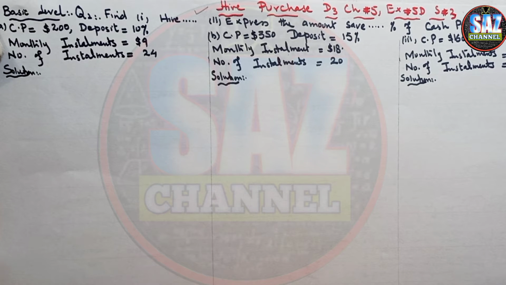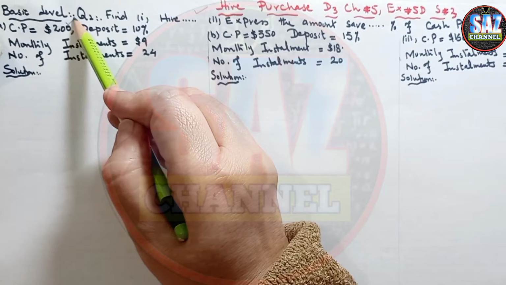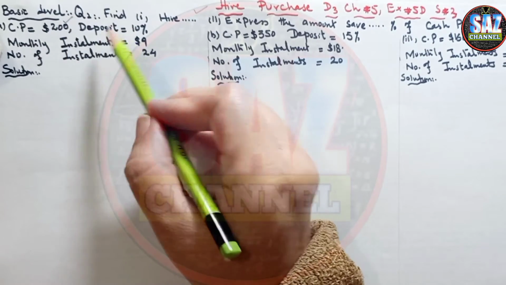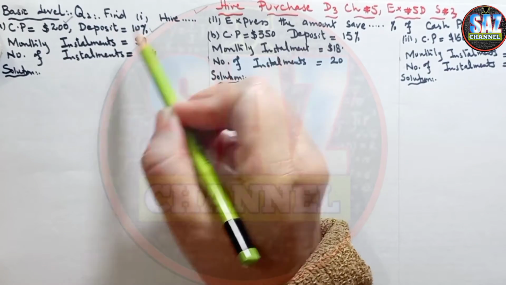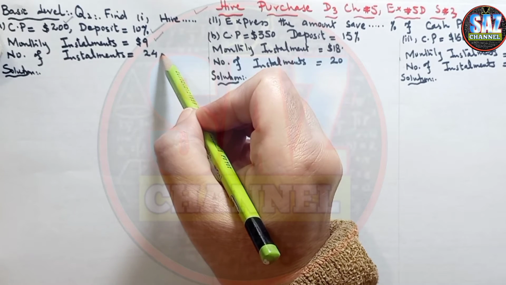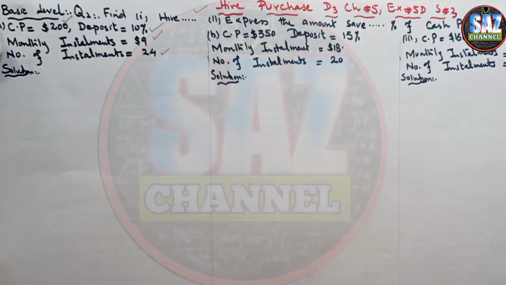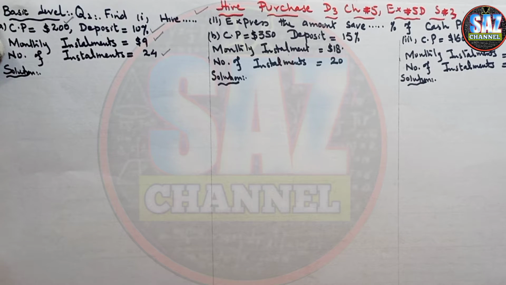Let me move to the first part of the question. The object that we are purchasing is a VCD player, and the cash price of that VCD player is $200, the deposit is 10%, the monthly installment is $9, and we have to pay a total of 24 installments. It's really important to find the similarities and differences between the questions.